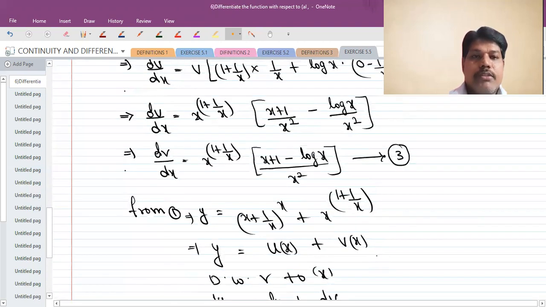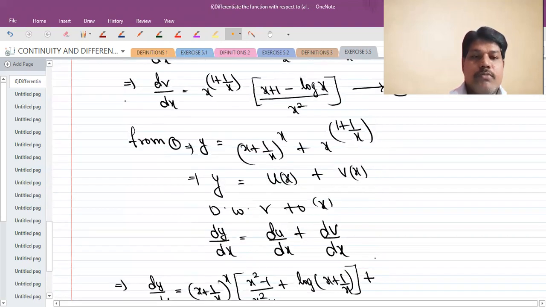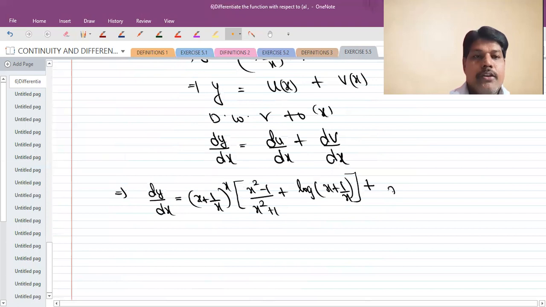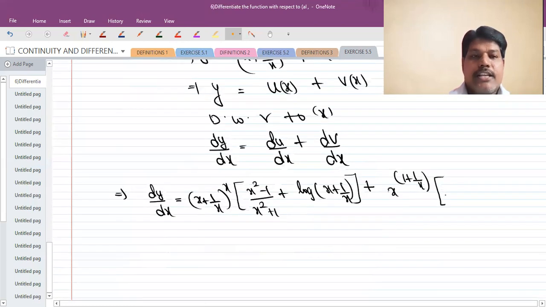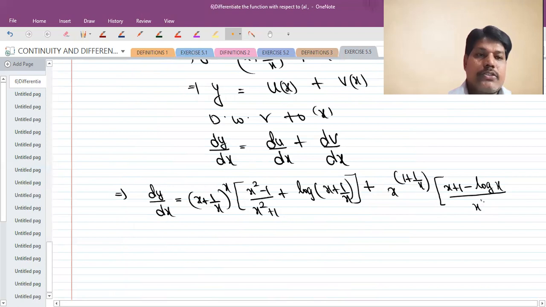The equation number 3 is x power 1 plus 1 by x, so that is nothing but x power 1 plus 1 by x into x plus 1 minus log x whole by x square. So this is the final answer, students.